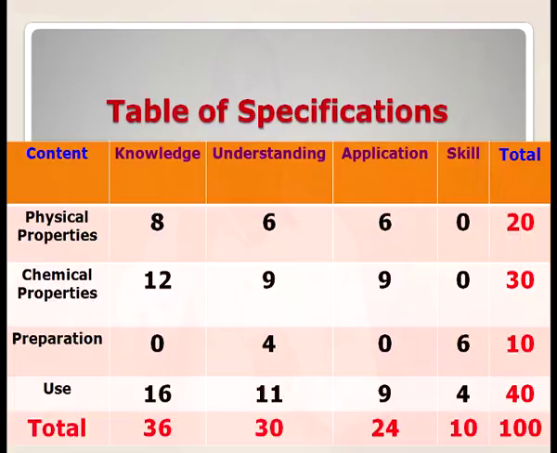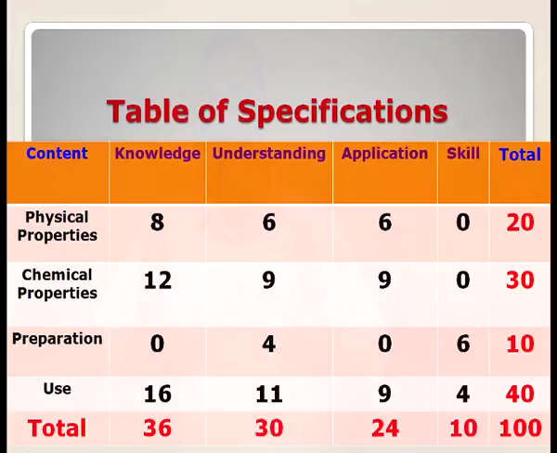That means on the physical properties of carbon dioxide, 8 items or questions will be prepared, through which the knowledge of the students will be assessed. Similarly, you can see there are 9 questions for assessing the understanding of the students regarding the chemical properties of carbon dioxide.